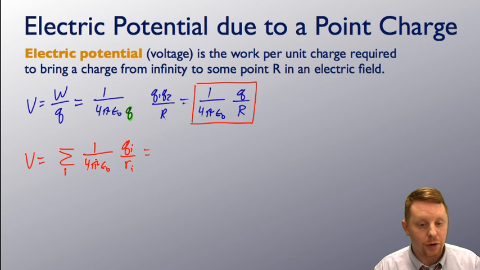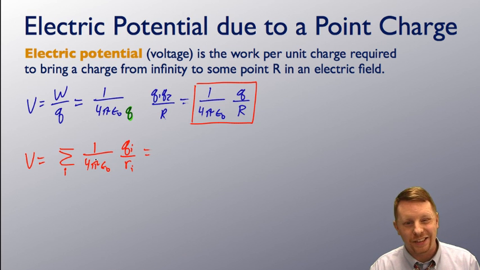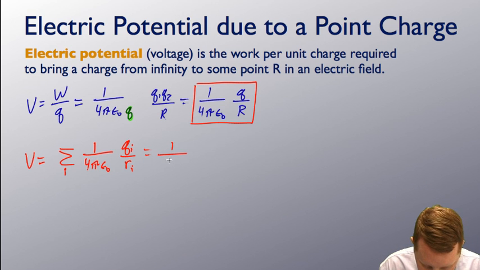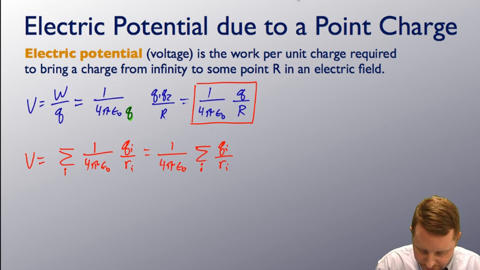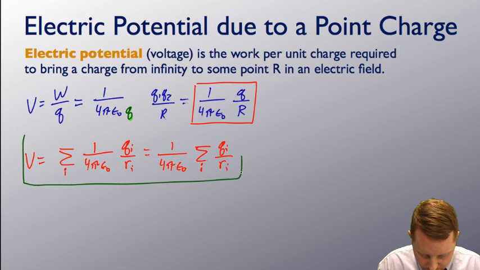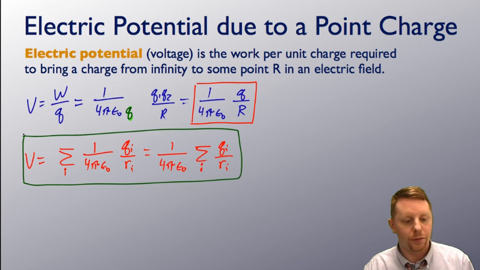Or again, 1 over 4 pi epsilon naught is still a constant. Sometimes we call that K, 9 times 10 to the 9th newton meter squared per coulomb squared. So if I pull that out, 1 over 4 pi epsilon 0 times the sum over all i of Q over R. There we have our potential due to several point charges.